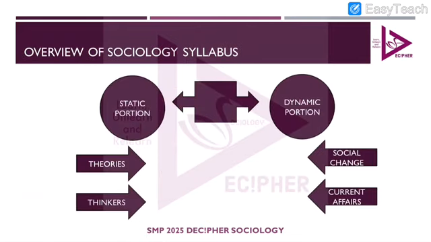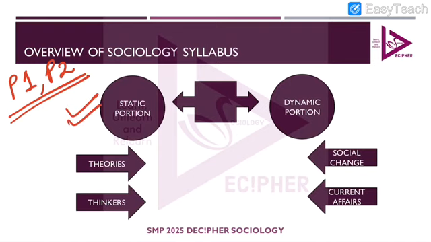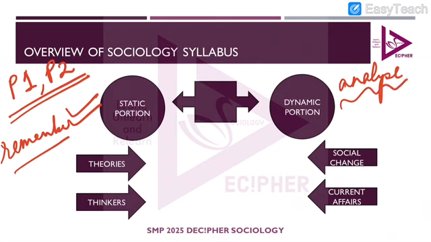All in all, when you try to look at the syllabus as a whole, that means paper 1 and paper 2, you will realize that we can divide it into 2 parts. One is the static portion, which we need to remember, and the next one is the dynamic portion, which we need to analyze a bit and then remember the thinkers.